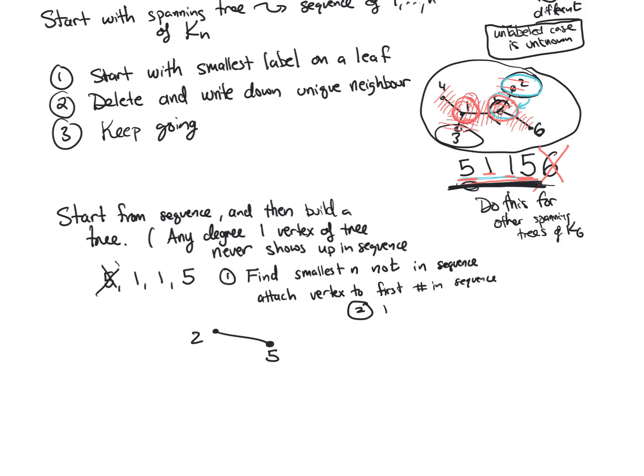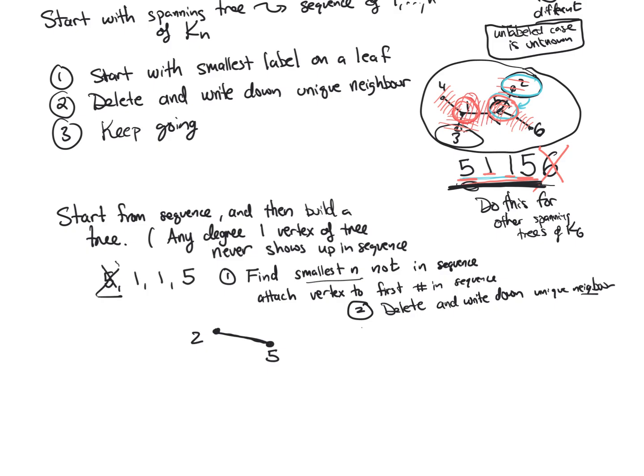So delete, and write down that unique neighbor. So in this case, you had 5, you found 2, then you deleted 5 and connected 2 to 5.